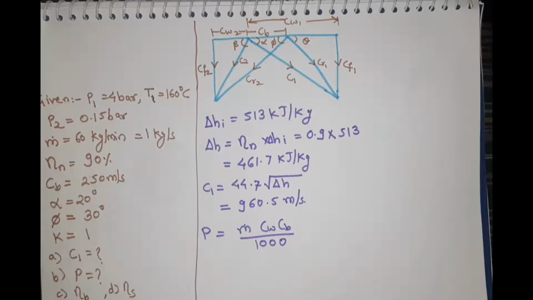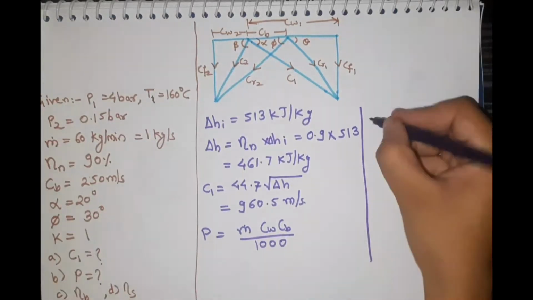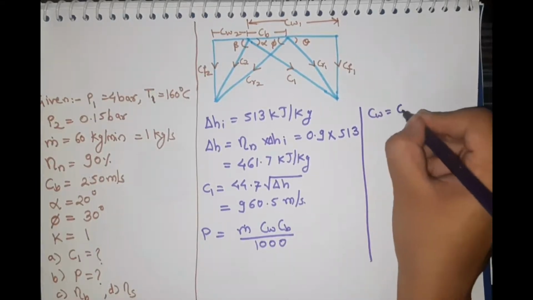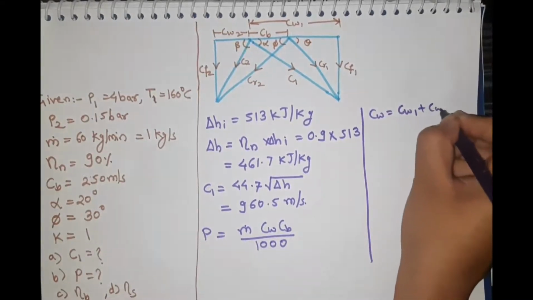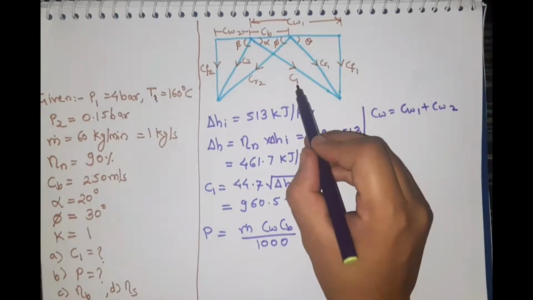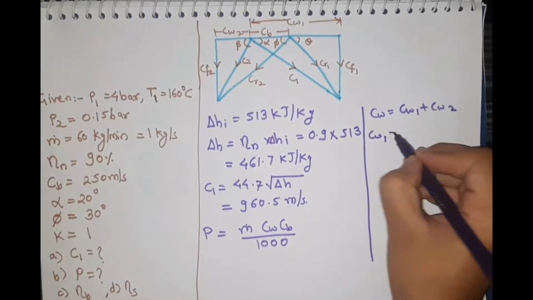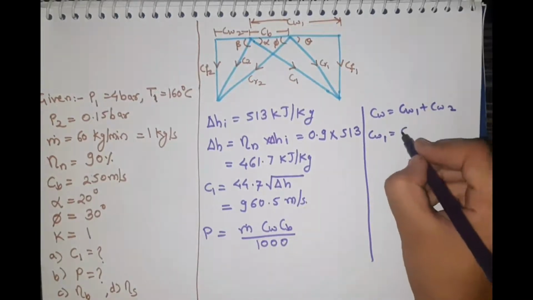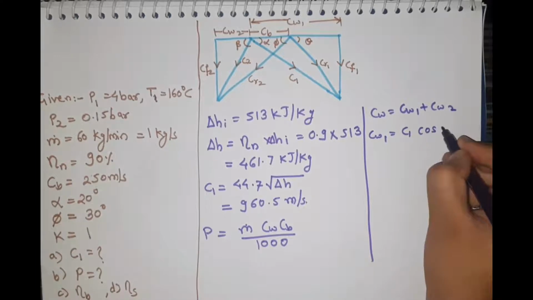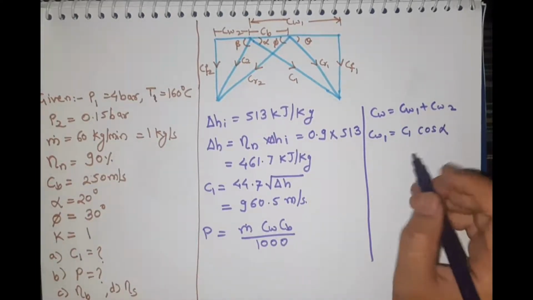Let me explain it to you in short. CW is equal to CW1 plus CW2. For CW1, we have C1 and alpha, so CW1 is equal to C1 cos of alpha, and from here we can find CW1.